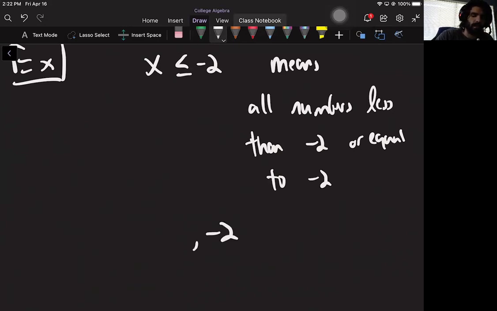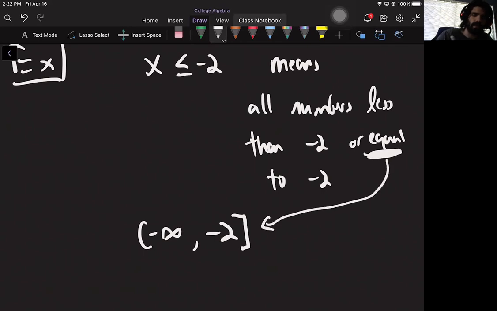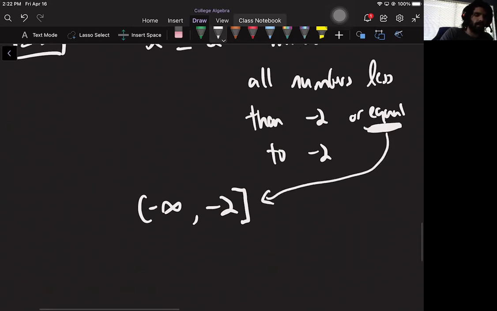I'm going to put the infinity on this side of the -2 because I'm going less than it. But because we're going towards the negative direction, we call it negative infinity. And again, parentheses around the infinity or the negative infinity, and a square bracket around the -2 because of this equal thing. So that's the interval notation.